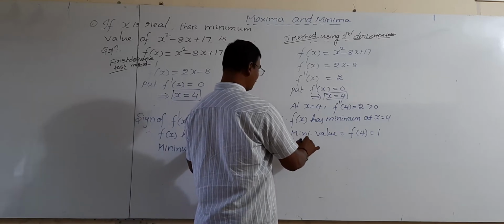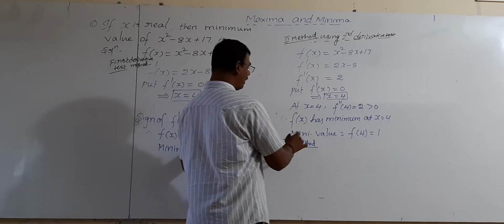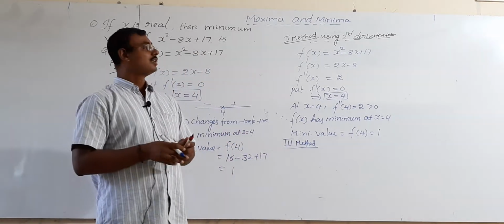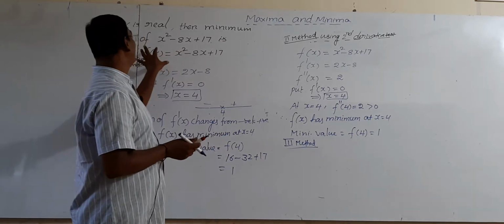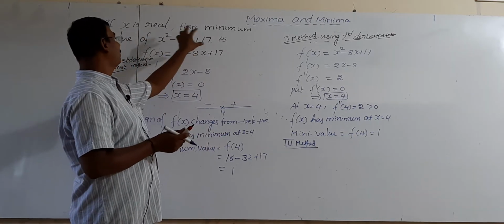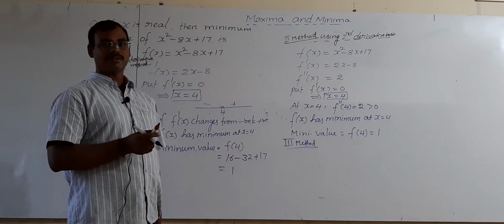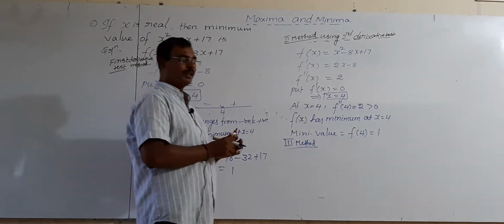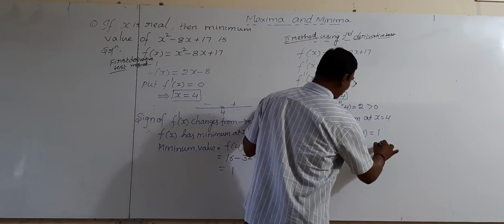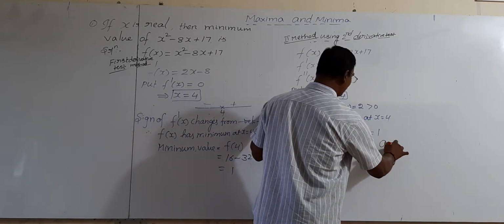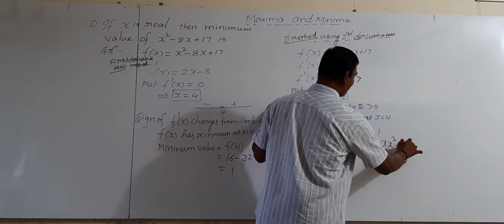Third method is what? With the help of the quadratic form. Observe that whenever you see the quadratic form, there are two types. There exist two methods. See here, all of you. I take the quadratic form ax square plus bx plus c.